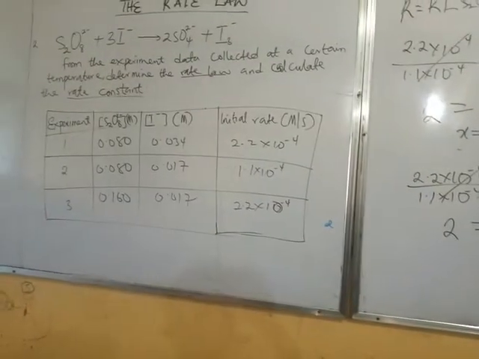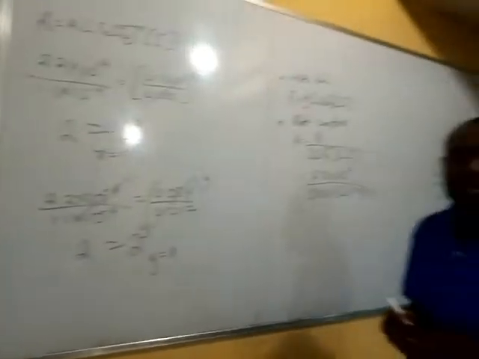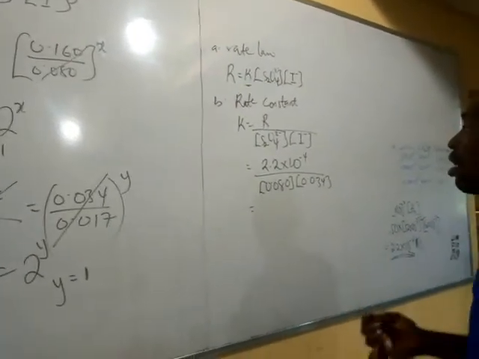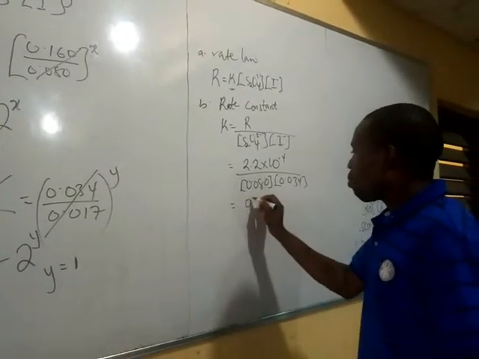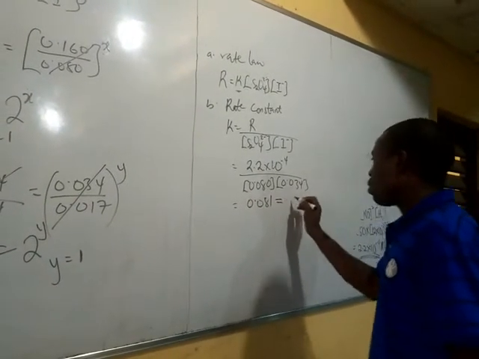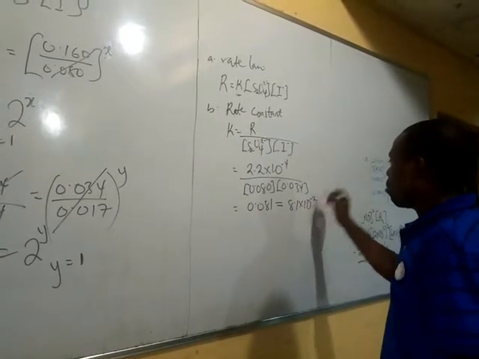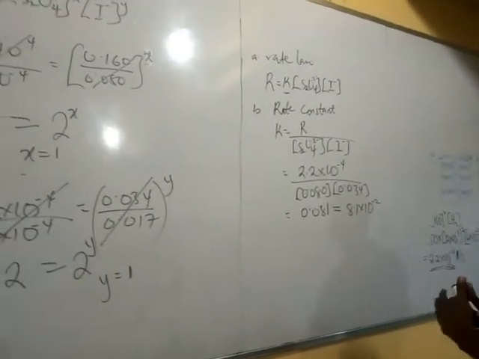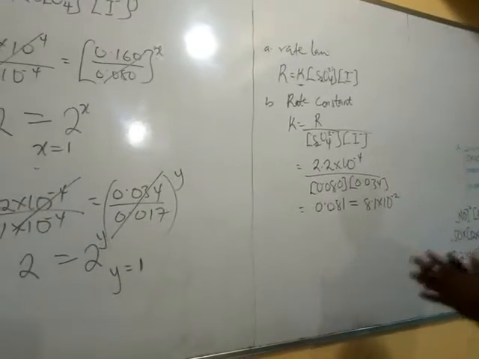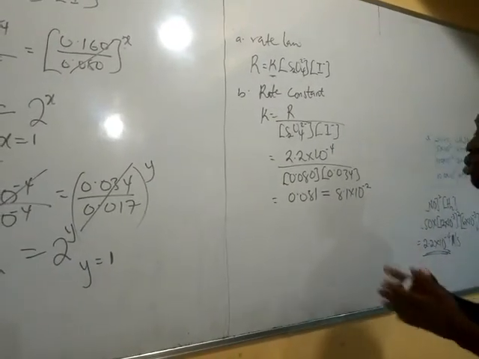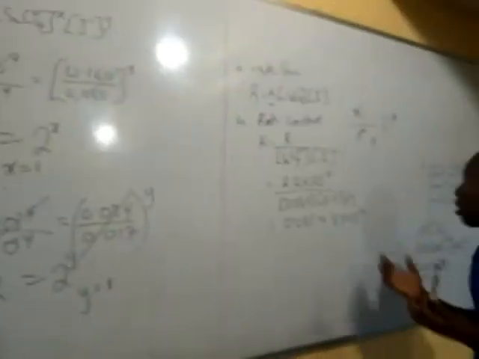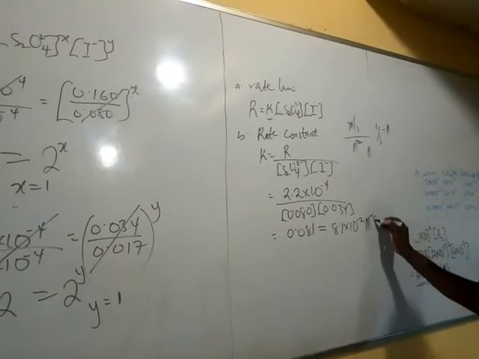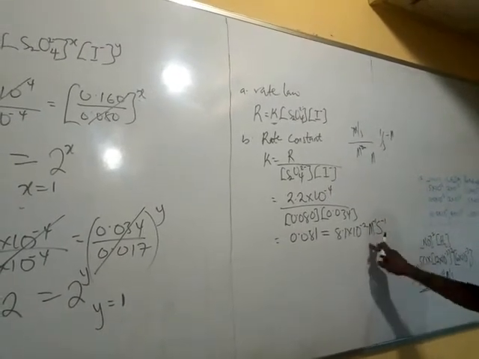Now when you multiply and divide, you get 0.081, which is also equal to 8.1 times 10 to the minus 2. Because it is a second order reaction, you get molar concentration raised to power -1 per second, meaning per molar concentration per second.